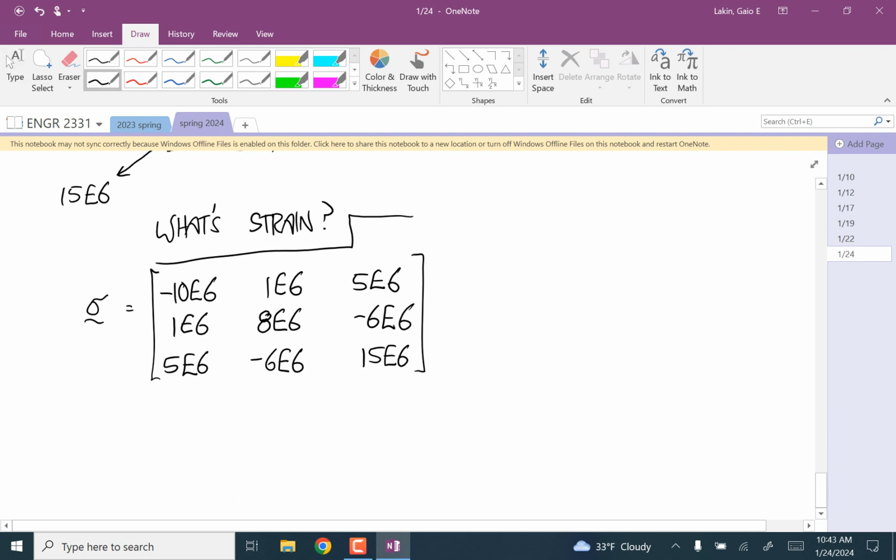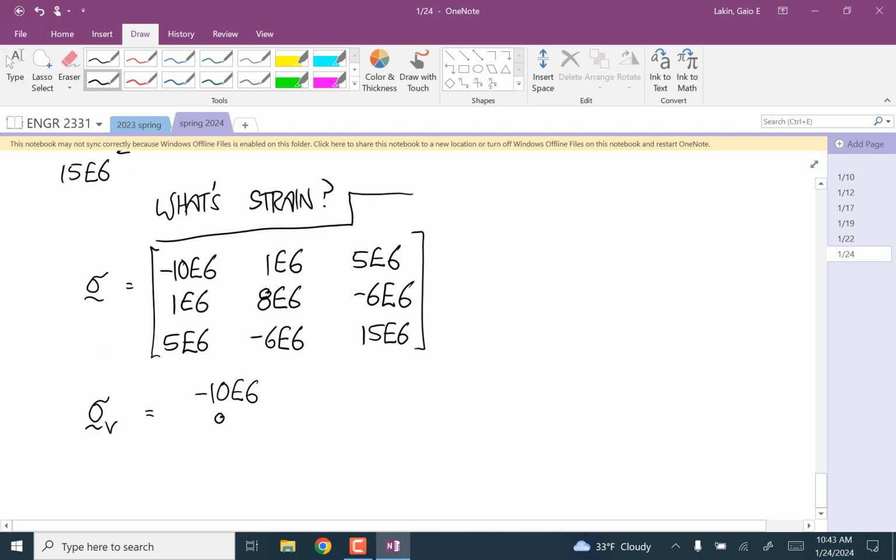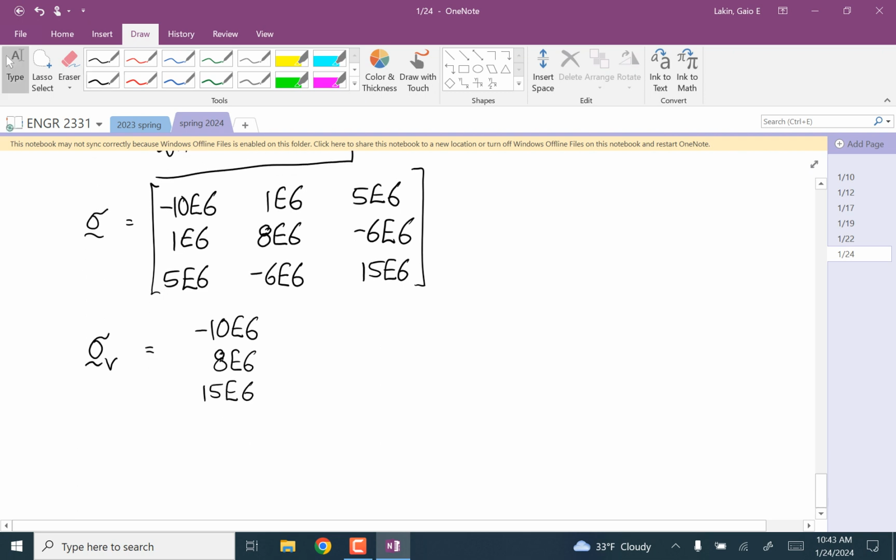That means the Voigt stress is negative 10 times 10 to the 6, positive 8 times 10 to the 6, 15 times 10 to the 6, negative 6 times 10 to the 6, positive 5 times 10 to the 6, positive 1 times 10 to the 6.